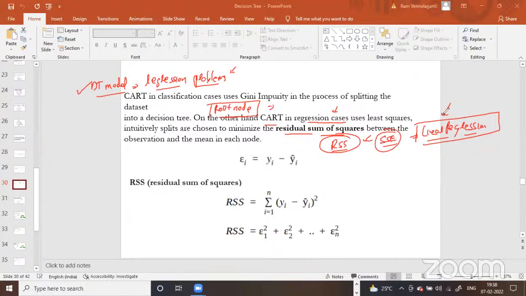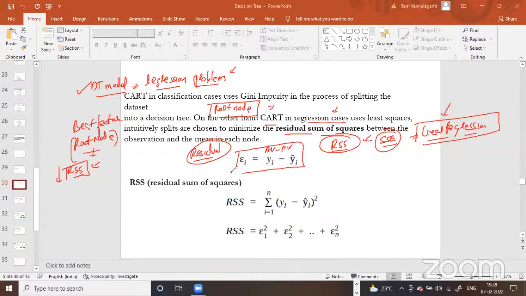So there you would have studied. So what is our objective now? If we want to find out the best feature, or if we want to find out what is our root node, then what is the condition that we are going to use? What is the criteria that we are going to use? Whichever root node is going to minimize our residual sum of squares. So whichever feature is going to reduce or minimize our residual sum of squares, that feature is going to be considered as root node first. So first let us try to understand what is residual. What is error? What is the formula for error? Actual minus predicted value.